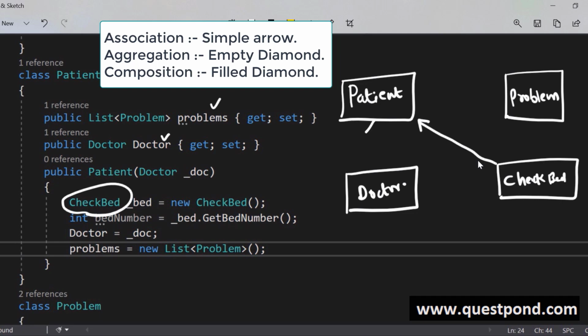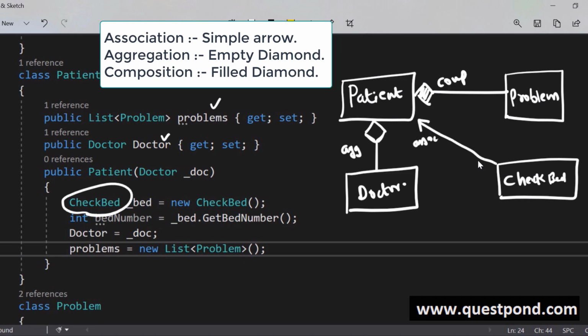So if you see here, the doctor is aggregated. So you can see here, this is aggregation, right? This is association. For aggregation, you have a diamond, but this diamond is not filled. In case of composition, like problem, a patient is composed of problems, right? So here you will have a filled diamond. So this is a filled diamond, right? So this is composition.